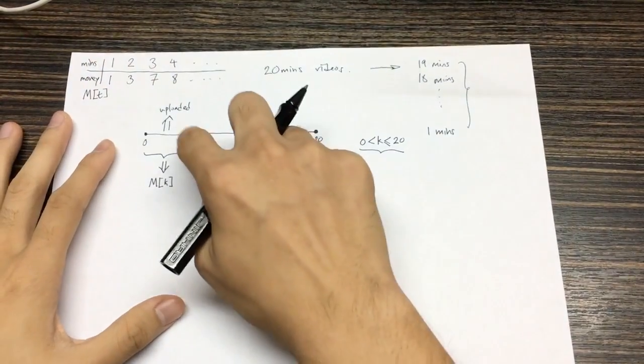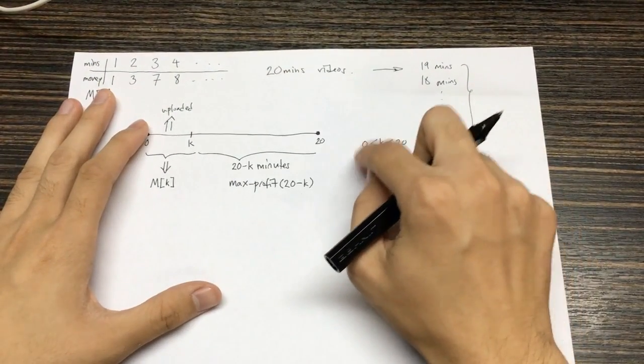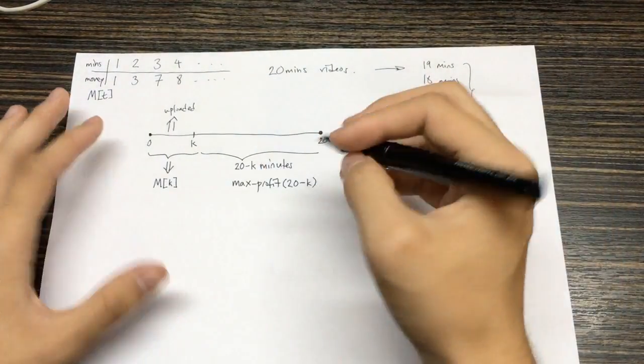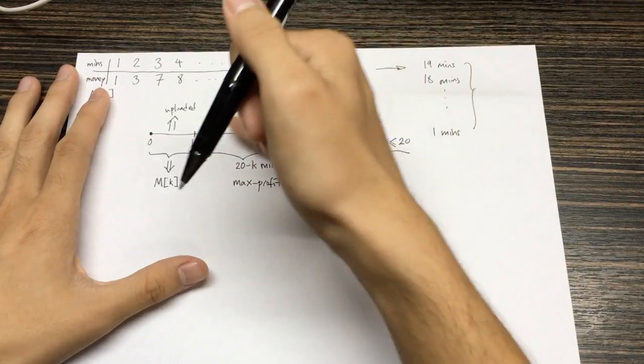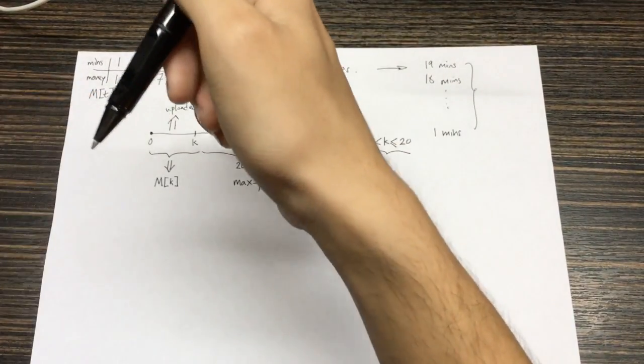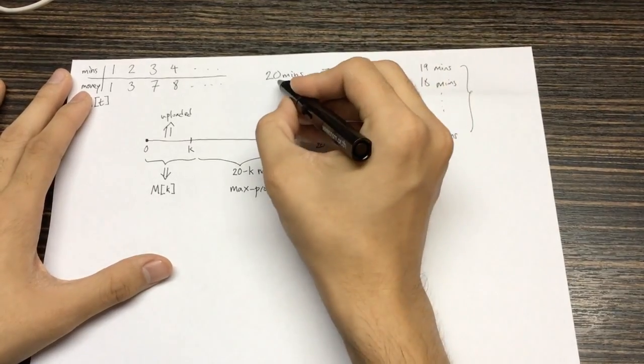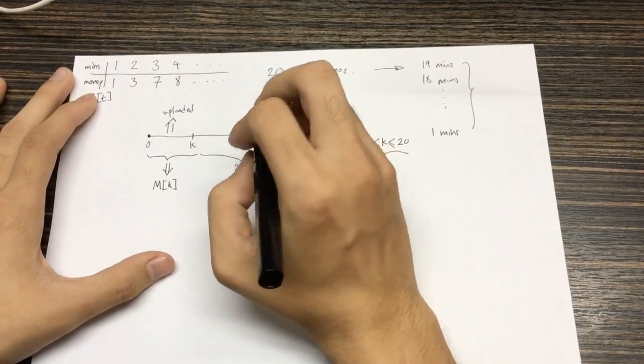But now remember that k can be anywhere between 0 exclusive to 20 inclusive. And so I want to find where I should place my first k, where I should place my first video, so that I can get the maximum profit with my 20-minute worth of videos.